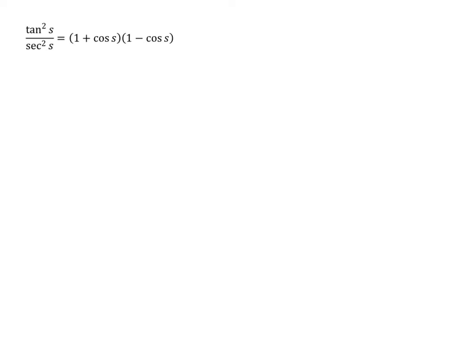This problem is the first where we're actually going to have to look at both sides. So I will start with the left-hand side, not for any reason because they're equally complicated, but I think fractions are a little bit more daunting than products. So tangent squared of s over secant squared of s. I know some things. I can put tangent squared of s as sine squared of s over cosine squared of s, over 1 over cosine squared of s.